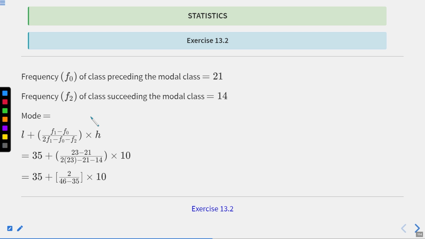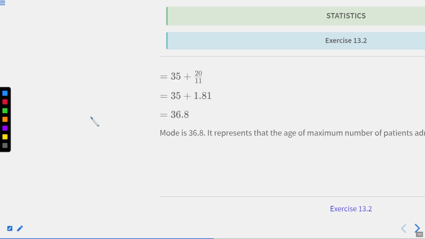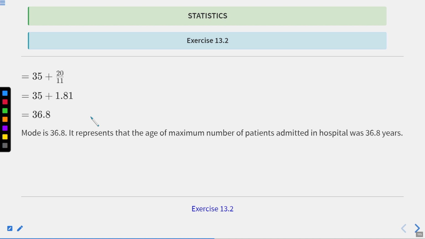Putting these values in the formula, we get 35 plus 23 minus 21 divided by 2 times 23 minus 21 minus 14, times 10, which is 35 plus 2 by 46 minus 35, times 10, which is 35 plus 20 by 11, which is 35 plus 1.81, which is 36.8.